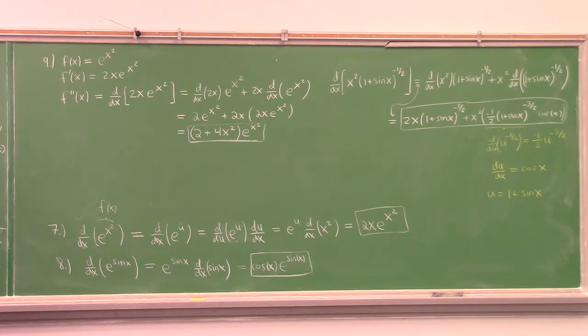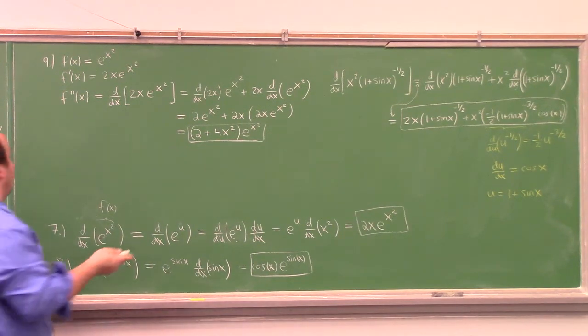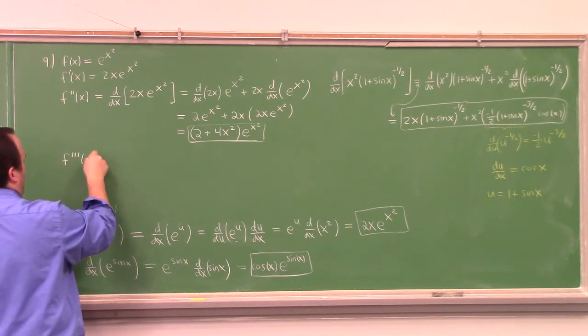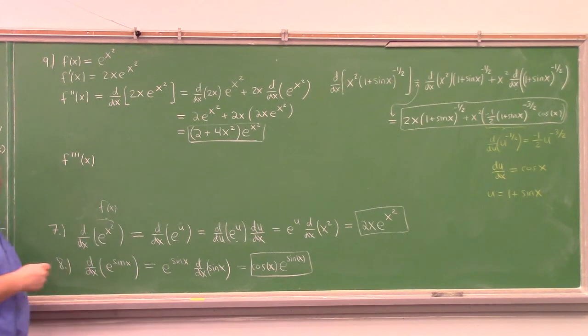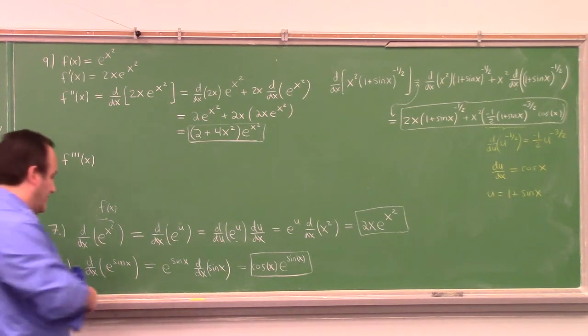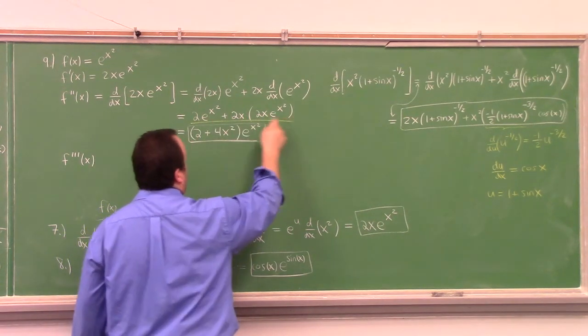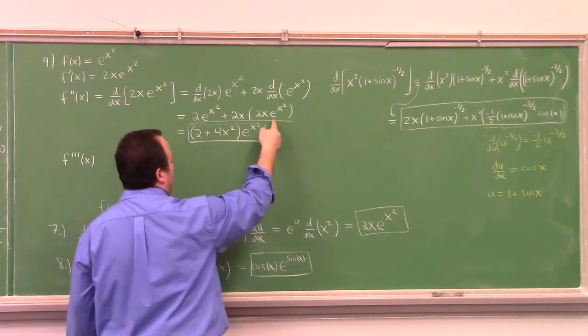What if I asked you to calculate the third derivative here? Which do you want to differentiate? Do you want to differentiate the simplified formula, or do you want to differentiate the unsimplified formula? Well, if you do this one, then you've got to differentiate this, and then you've got to differentiate that.